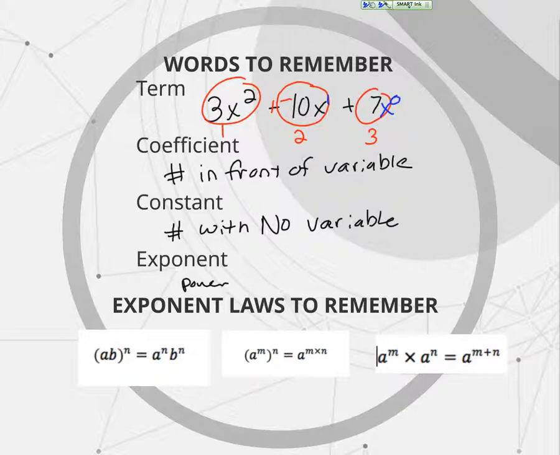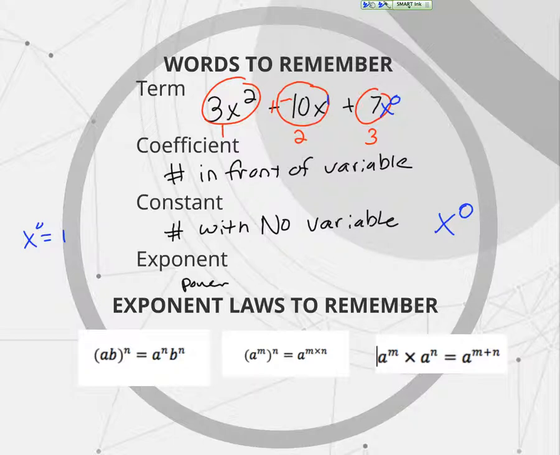Because x to the 0, what does x to the 0 equal? So my constant term would have a variable with a power of 0. That will come into play a little bit later today, the very end, the last example. So just keep in mind, to have a constant term, to have no variable, you need that variable to disappear. And the way it will disappear is if it has a 0 on your exponent. Okay, are we okay?